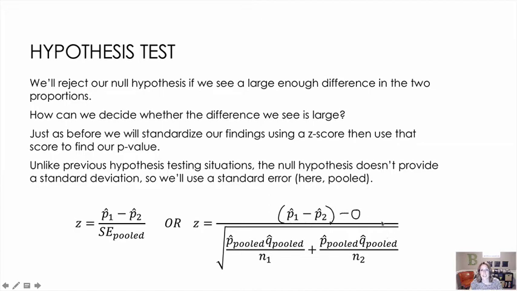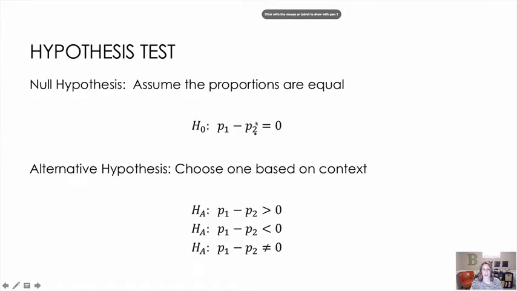So there should be a minus 0 in there. The minus 0 seems a little silly, but you should have it because our observed is the difference between the two proportions. Our expected is that the difference should be 0. And then our standard deviation or standard error is based on pooled data.